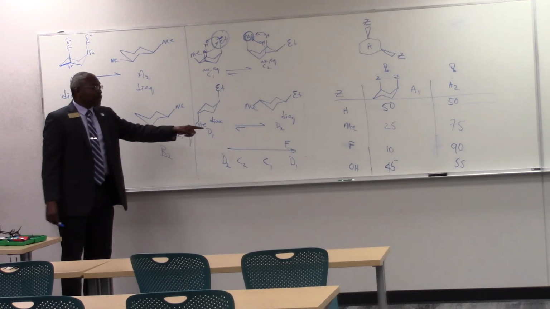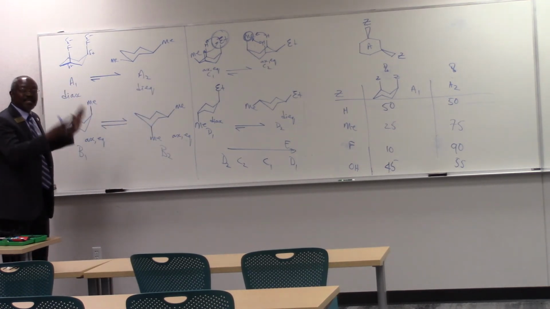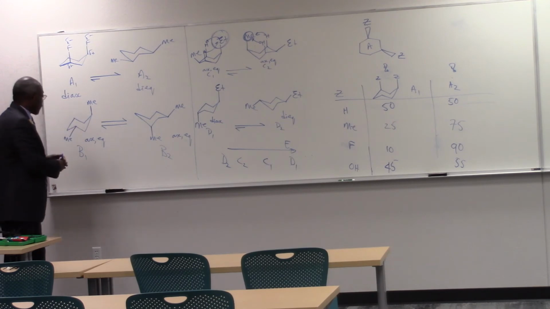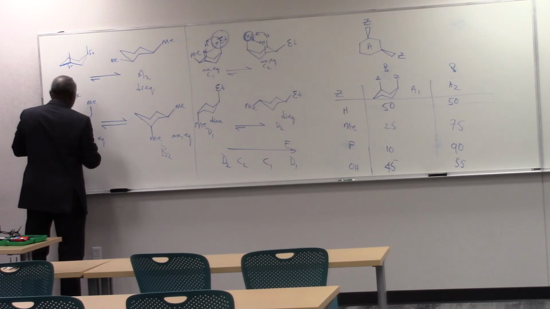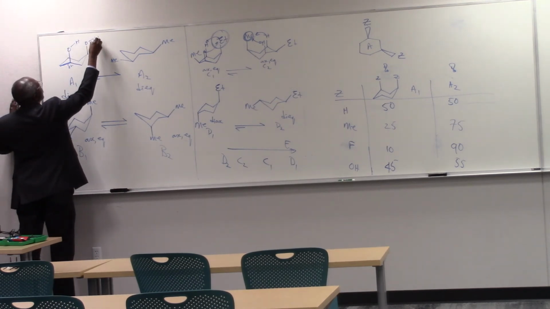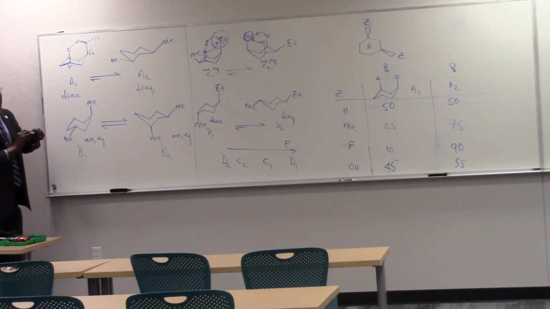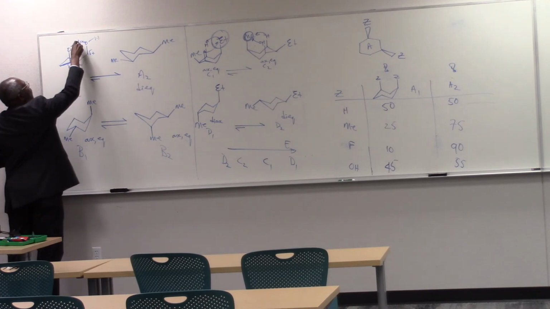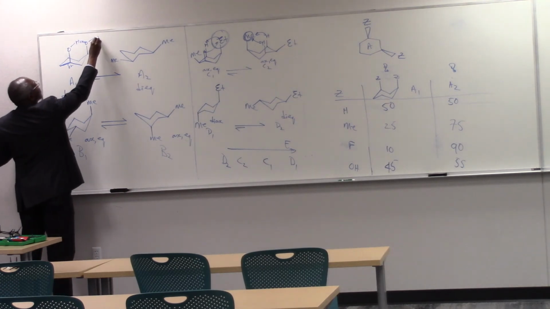So why is it that we're getting so much of what should have been the less stable diaxial? Well, it turns out that if I had OH, something interesting happens. You get hydrogen bonding. And you get hydrogen bonding in a 6-membered ring. 1, 2, 3, 4, 5, 6. As you've seen, 6-membered rings are intrinsically stable.